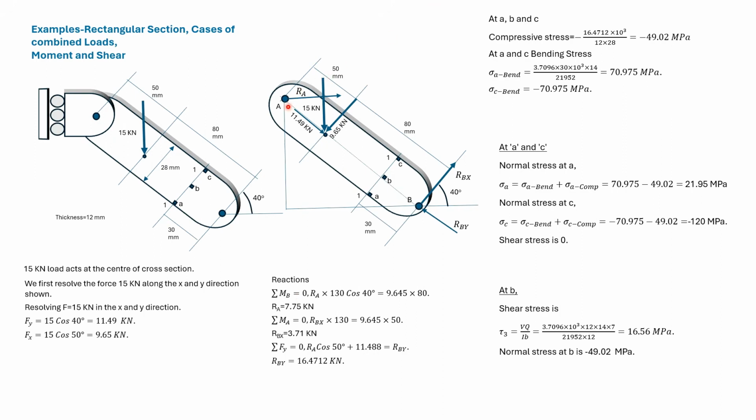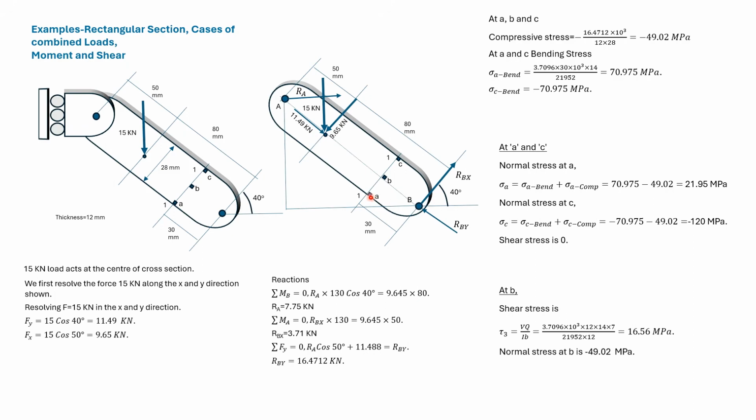Next we take moment about A. Then this force and RBx are the forces causing moment, from which we get RBx. This angle is 50 degrees, so RA cos 50 plus this force will be equal to RBy, from which we get RBy.